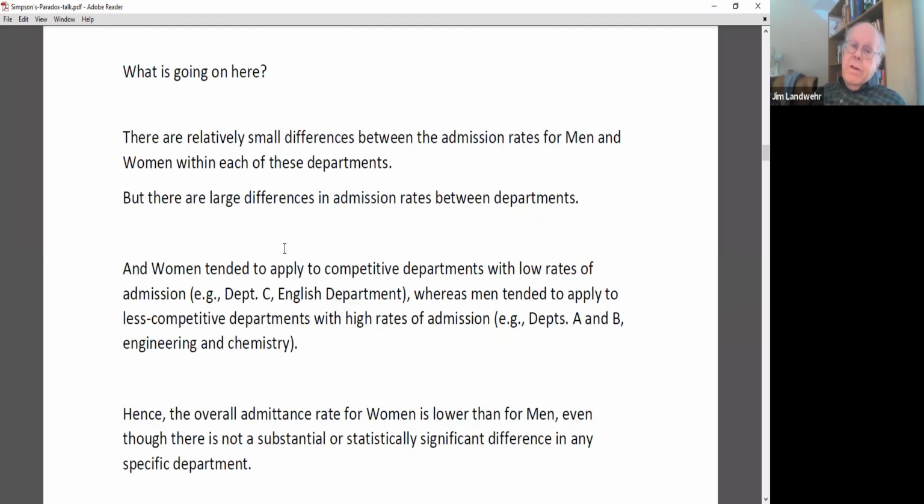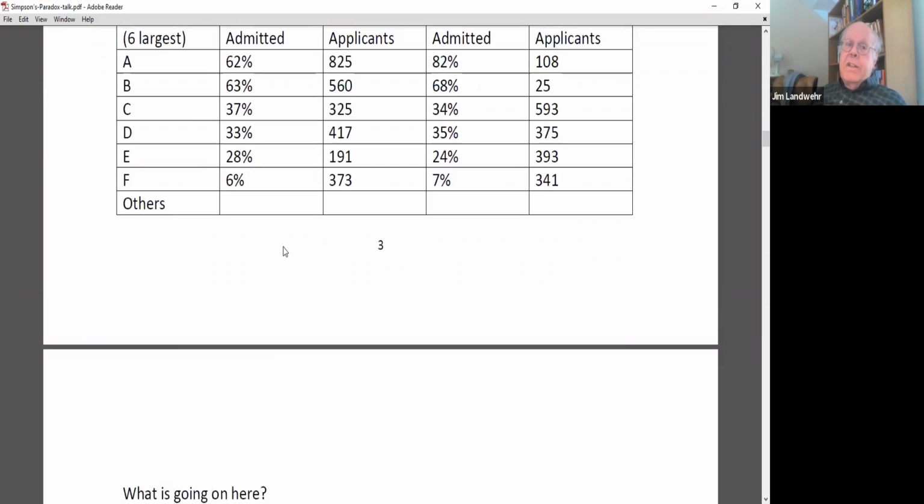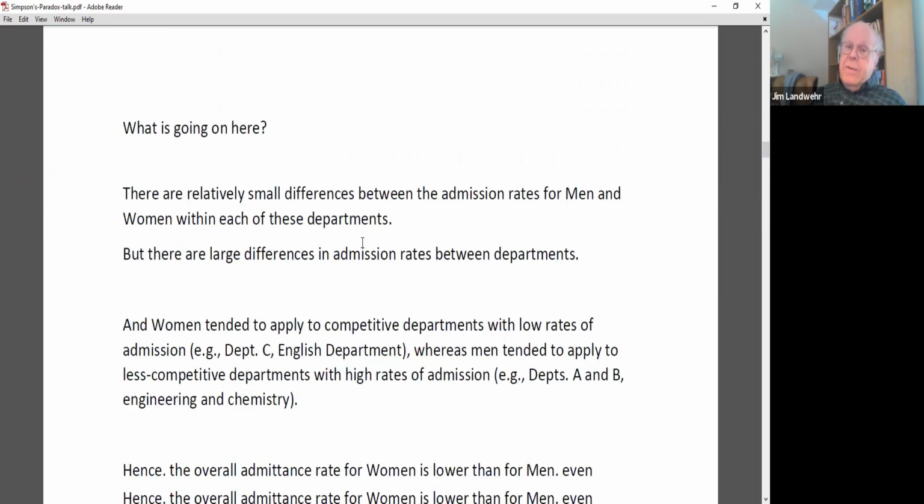So the women were tending to apply to very competitive departments with low rates of admission, which they said Department C was English, and departments A and B, where the men were applying most, were engineering and chemistry, I think is what it said.